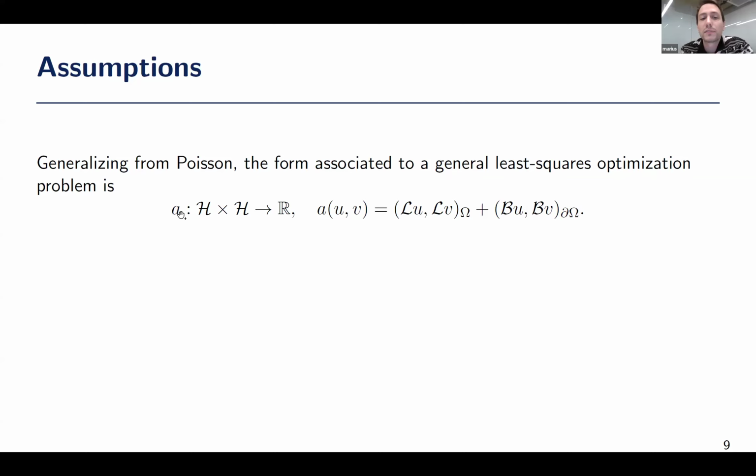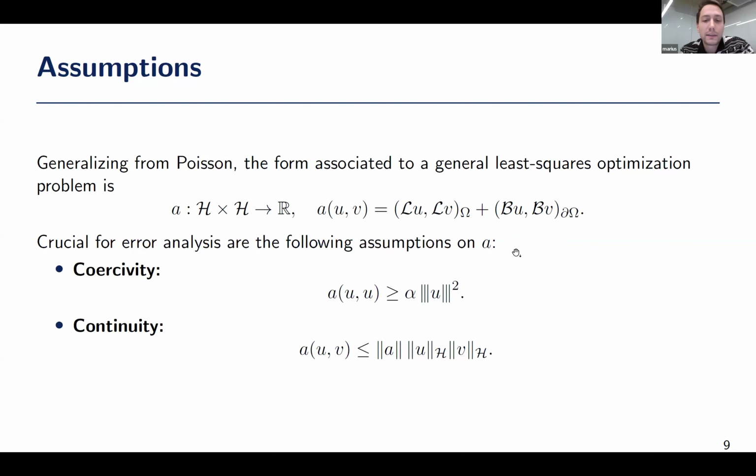So assume we are given an A, which is of this form. You can also include time dependence here in this operator if you wish. And then the crucial ingredients for an error analysis, and this is exactly the same as in the finite element world, are these two conditions on the form A.